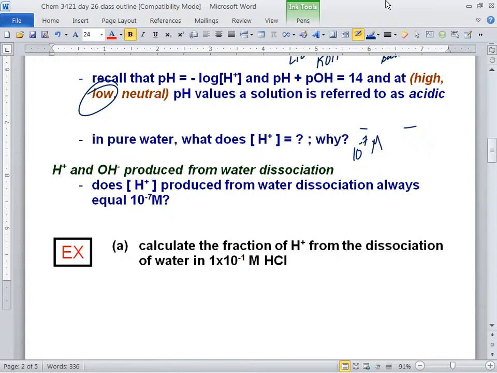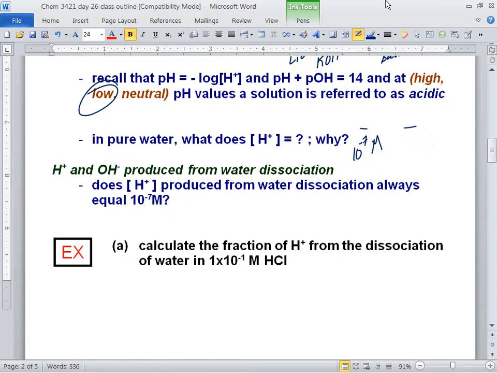Does hydrogen ion produced from water dissociation always equal 10 to the negative 7 molar? In other words, say you have a can of Coca-Cola. There's some phosphoric acid and some other compounds in there. It's pretty acidic, but still mostly water. Think of it as you have a hydrogen ion concentration, and it has contributions from several species.